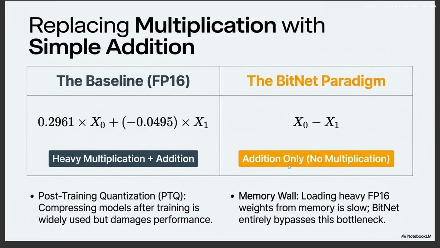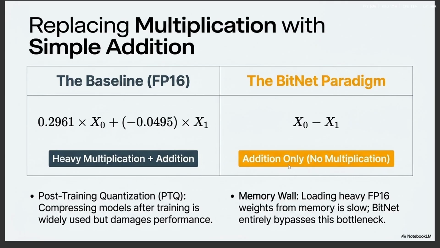This slide shows why BitNet b1.58 can be more efficient. In a normal FP16 model, computation requires many multiplication operations. For example, a weight like 0.2961 has to be multiplied with an input value. But in BitNet b1.58, the weights are only -1, 0, or +1.